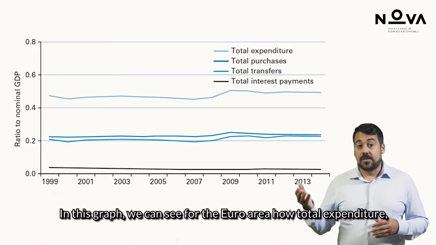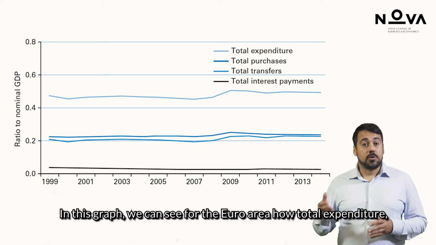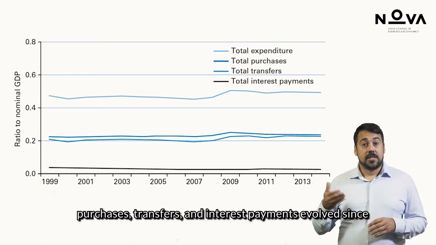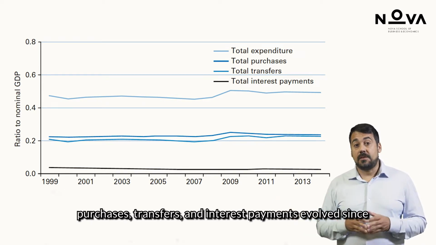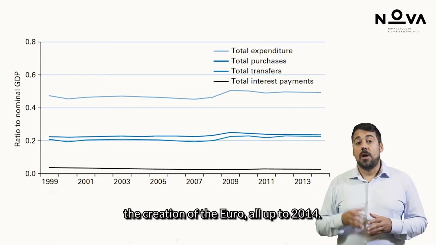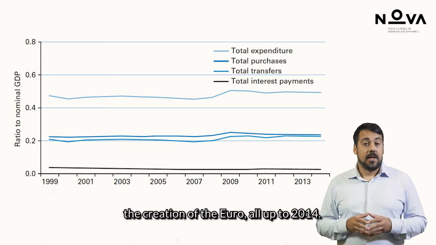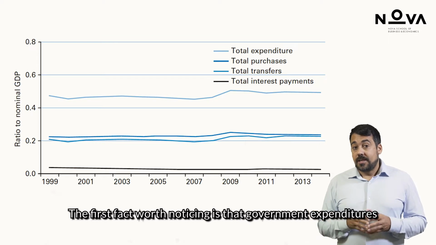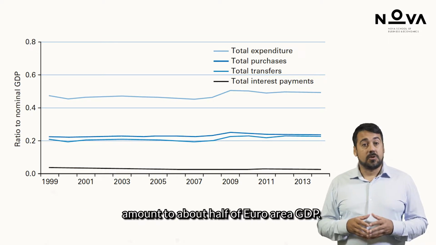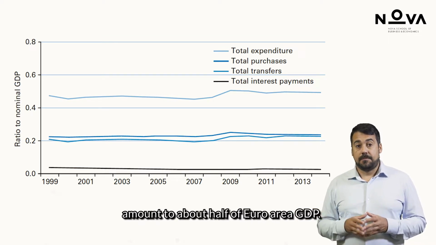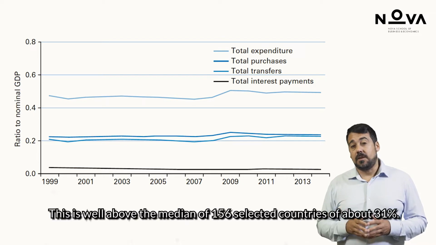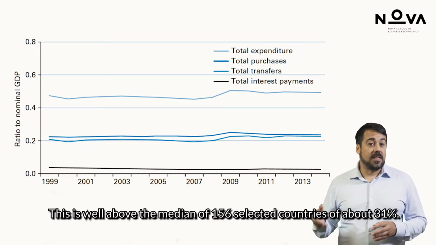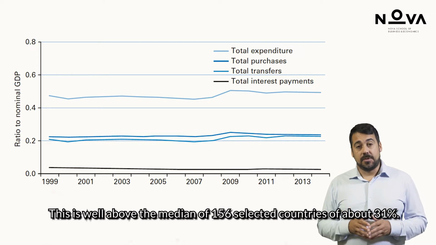In this graph we can see, for the euro area, how total expenditure, purchases, transfers and interest payments evolved since the creation of the euro up to 2014. The first fact worth noticing is that government expenditures amount to about half of euro area GDP. This is well above the median of 156 selected countries of about 31%.